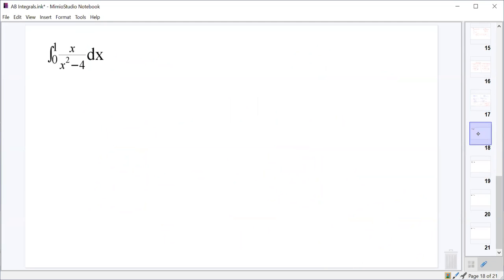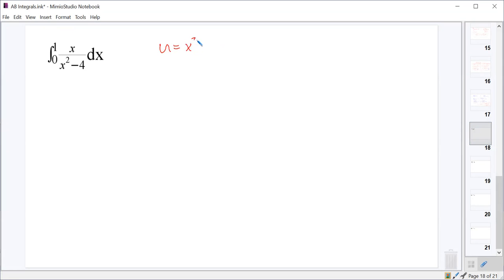Let's do another definite integral with a u sub. So anybody have any thoughts on what we could use as our u sub for this one? Could we do x squared?